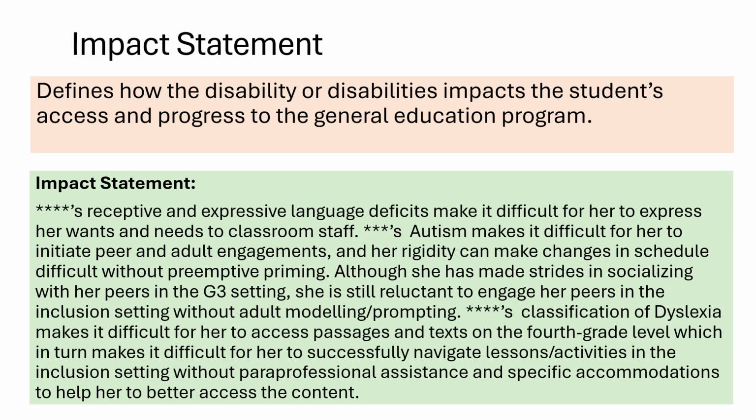Some people writing the PLAAFP like to have one big impact statement that covers all disabilities or qualifying conditions and how those impact the student and progress in the educational program. Some authors of PLAAFPs, when they're talking about reading, for example, will just have the qualifying condition of dyslexia, and they'll talk about how dyslexia impacts the student.